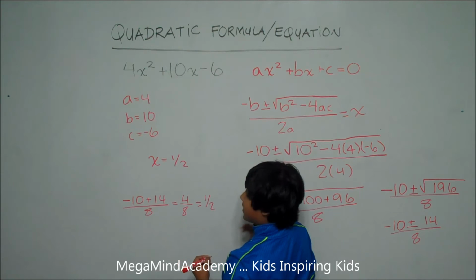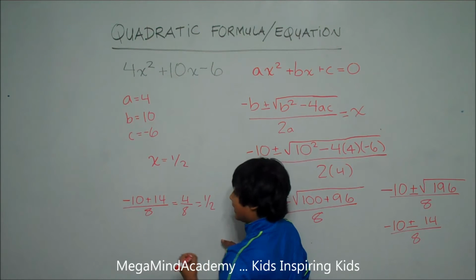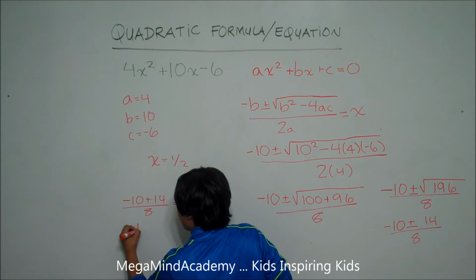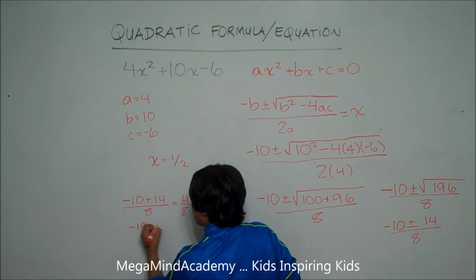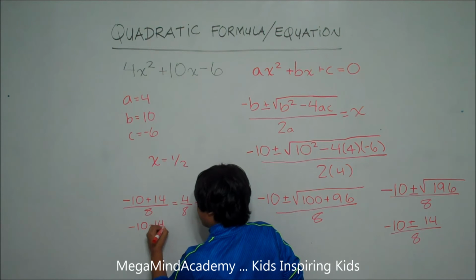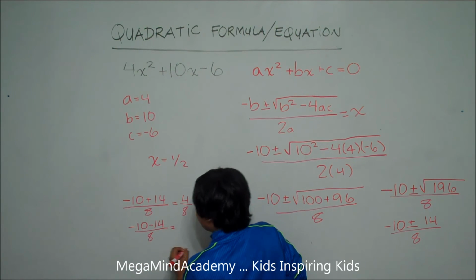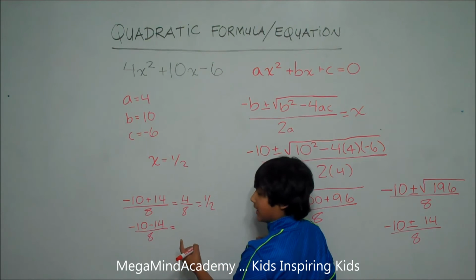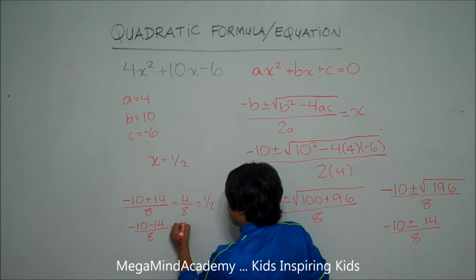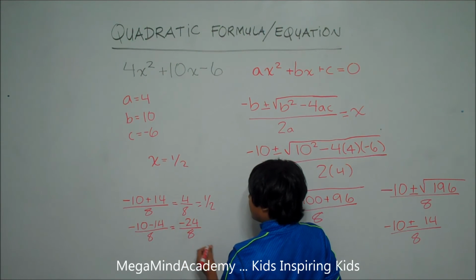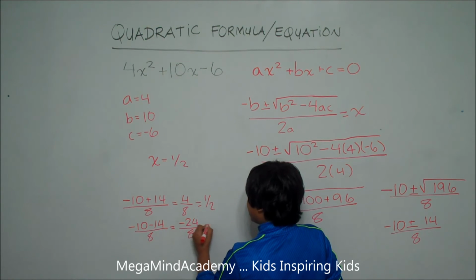Now we have to subtract because it had plus or minus. So it'll be negative 10 minus 14 over 8, which is negative 24 over 8. Negative 24 divided by 8 is equal to negative 3.